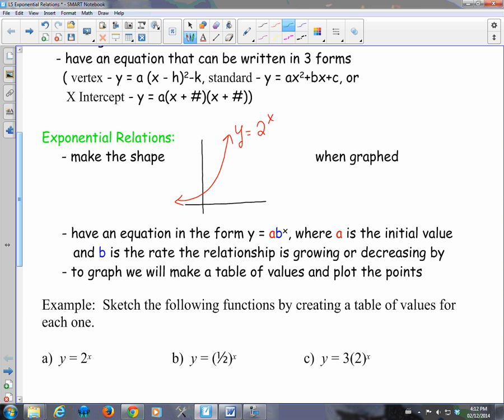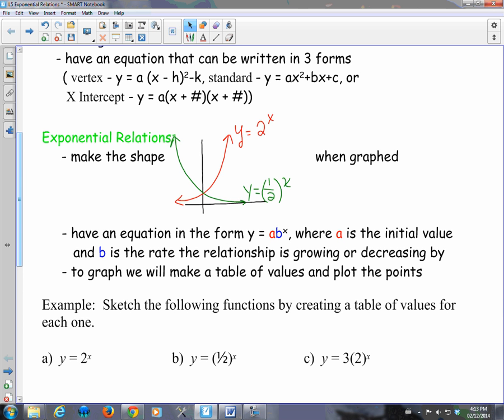Or if it were to have a fraction base, it would go the other way. It has the equation in the form y equals ab to the exponent x. So it can multiply by a number in front, it's got a base, and then x is the exponent.